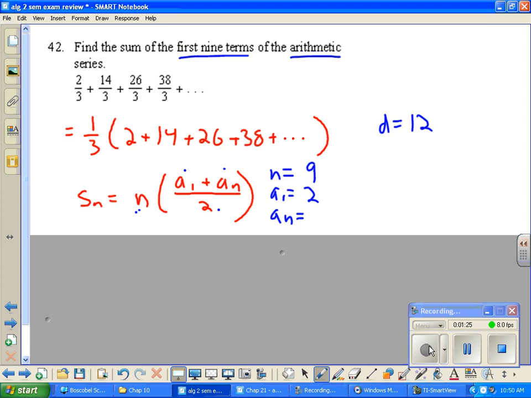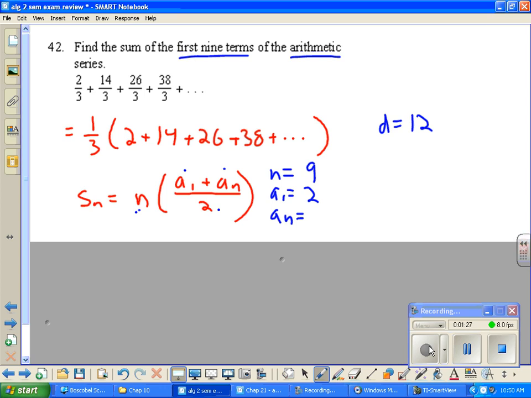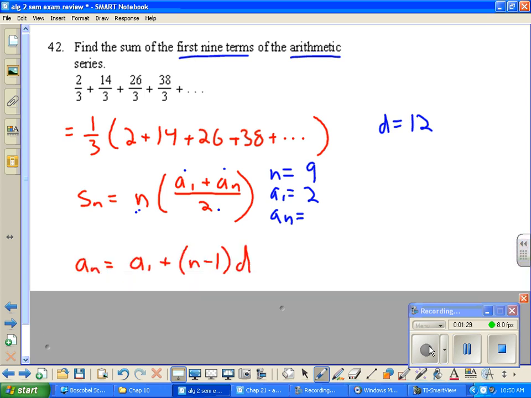Well, you can do some counting and figure it out, or we have a formula for this also. a sub n is equal to your first term plus n minus 1, because that's telling you how many steps you're taking, times the common difference. So for this particular problem, the 9th term of a is going to be equal to my first term, 2, plus n minus 1 steps.